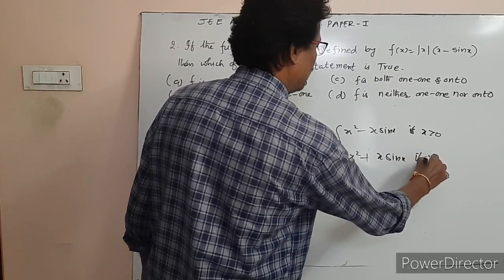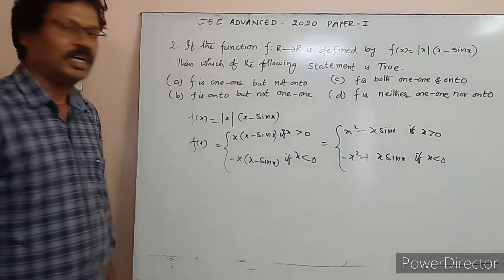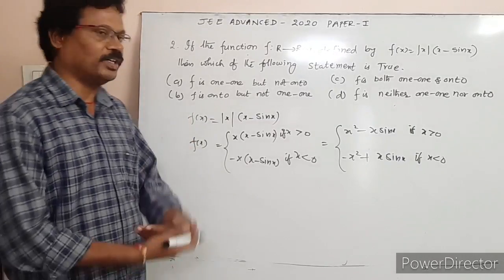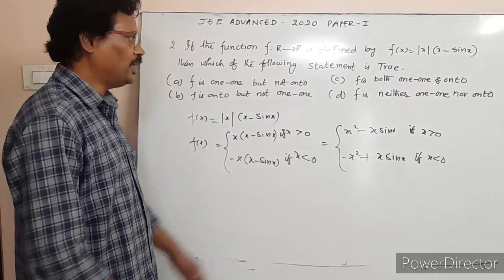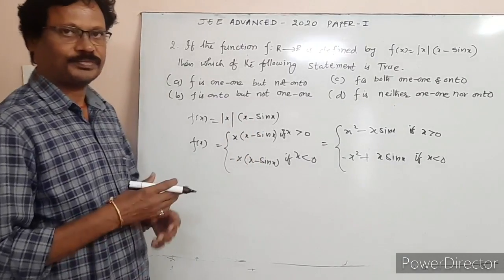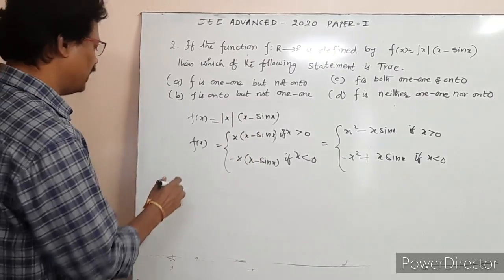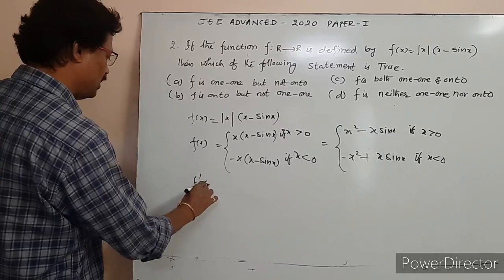Now if x is a negative number, let us see what the function will be, whether it is increasing or decreasing, whether it is monotonic or not. First I am finding the derivative of this, f dash x.